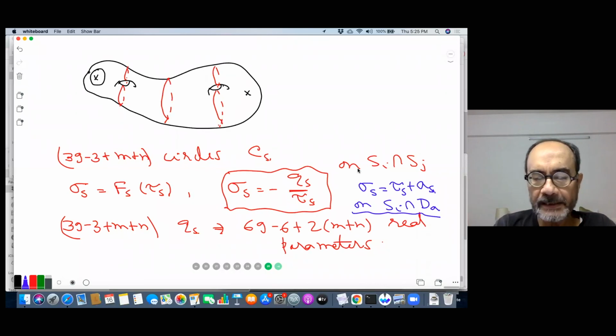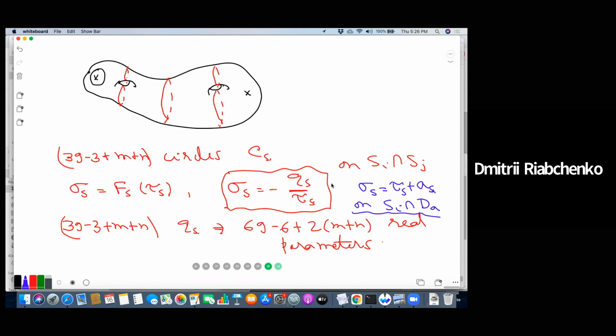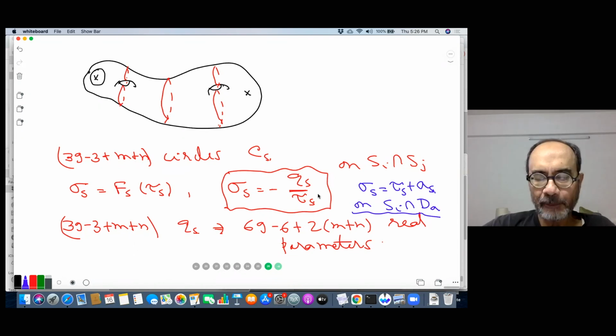So by no means is this a unique choice. Does this answer your question? Yeah, I guess, in some sense. Maybe I just need to think of it a little bit more. So basically you want to introduce this many parameters, and you can do it in many different ways, through these functions.